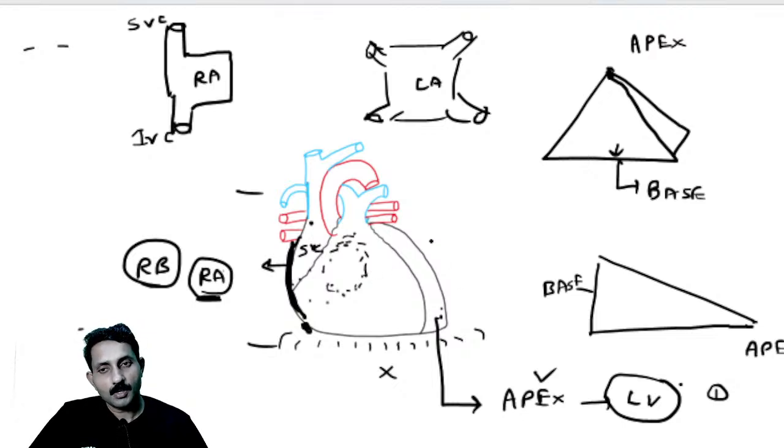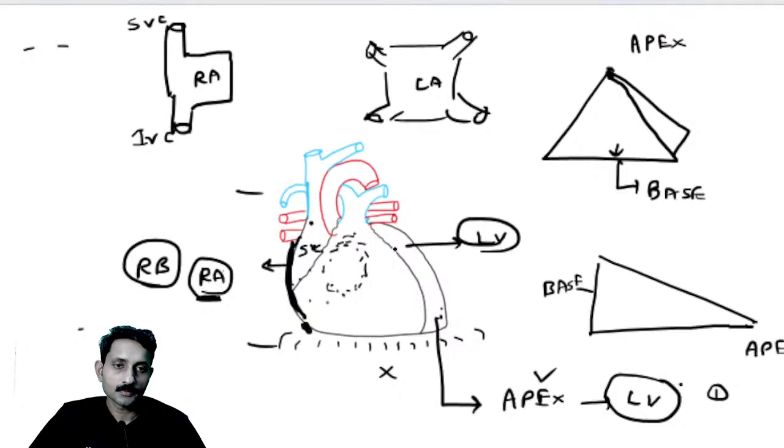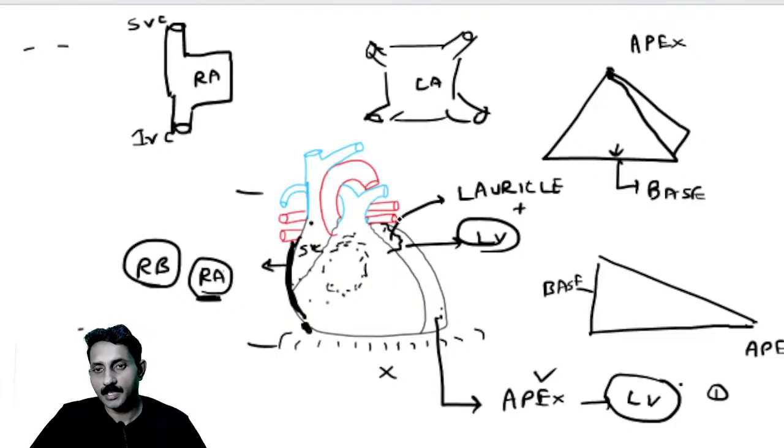Now what forms the left border of the heart? The left border of the heart is also formed by the left ventricle. Maybe a part of this, some option can have the left auricle also. So the option can be left auricle plus the left ventricle. That is also correct. What is an auricle? Auricle means pinna. We have a pinna-shaped structure here that is called the left auricle.